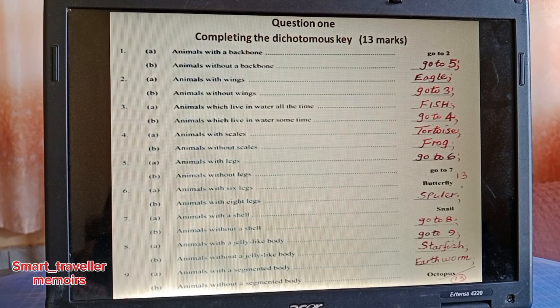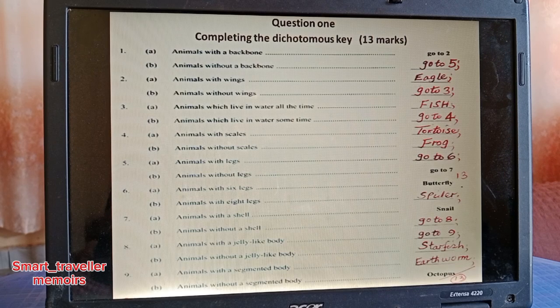And you have number 1A, animals with a backbone, you go to 2. Animals without a backbone, go to 5. Animals with wings, you have identified eagle.